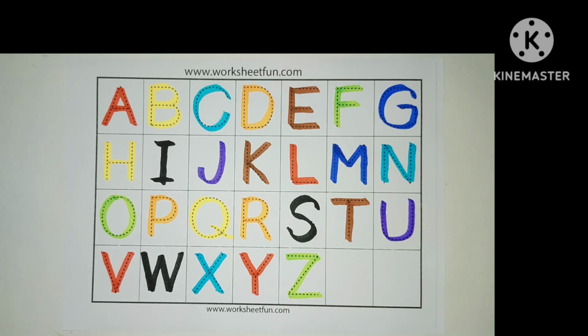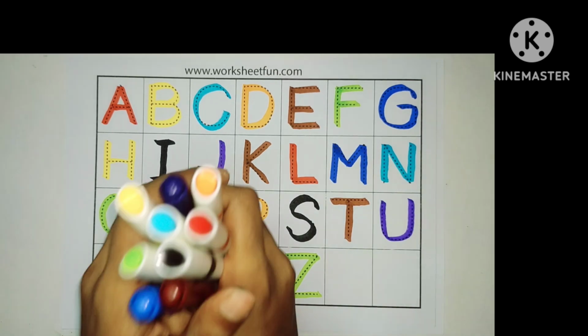Yeah, boy. A, B, C, D, E, F, G, H, I, J, K, L, M, N, O, P, Q, R, S, T, U, V, W, X, Y, Z. Color name.